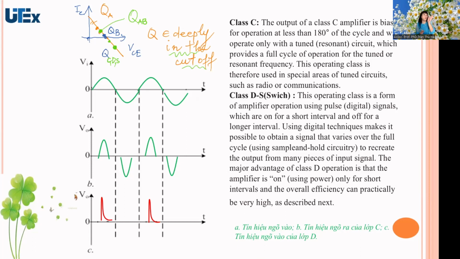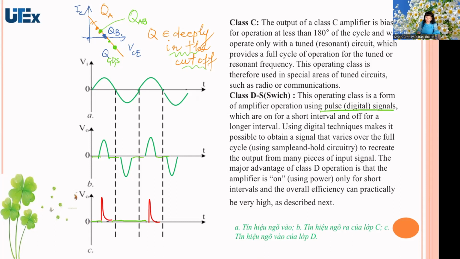And of course, the form way, we have no correlated sinusoid. Class D and class switch S. This operating class informs the amplifier open pulse. Digital. You can see the pulse.